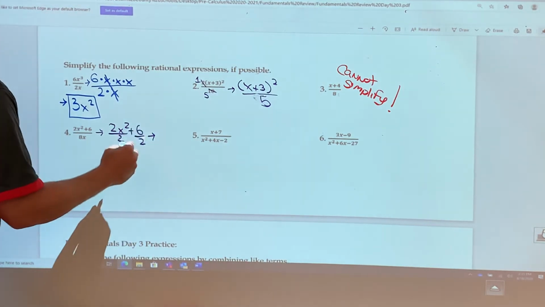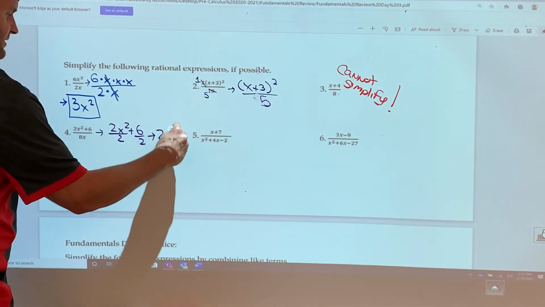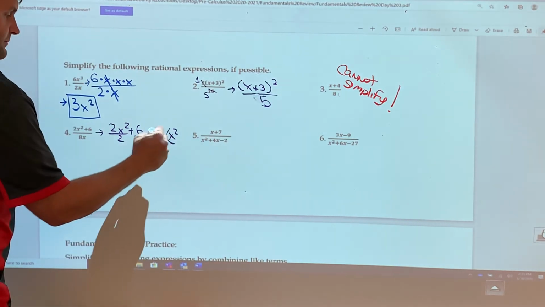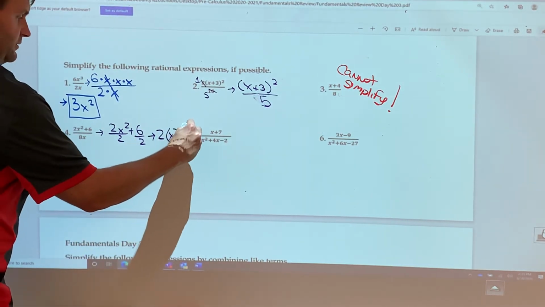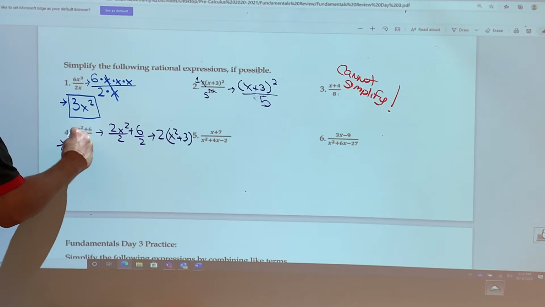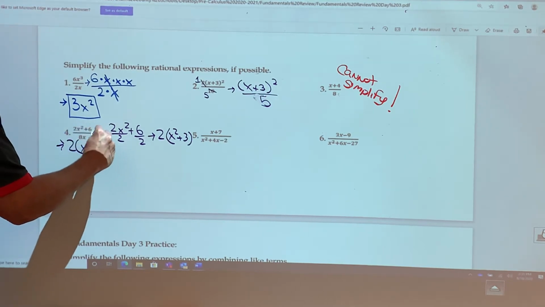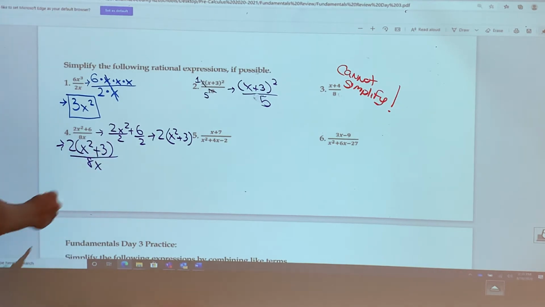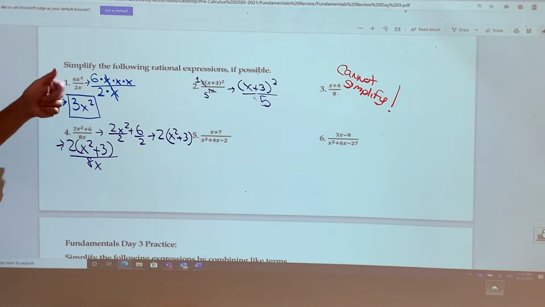In the numerator, the 2 is on the outside, and you're left with 2 divided by 2, x squared, and 6 divided by 2, 3. So now my new problem is 2 times (x squared plus 3) all over 8x.